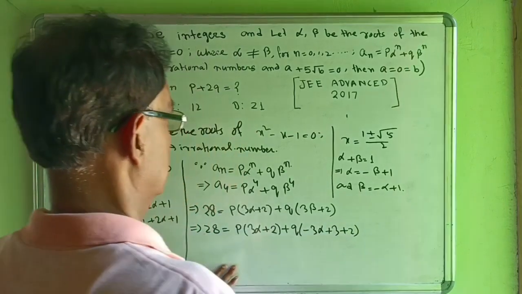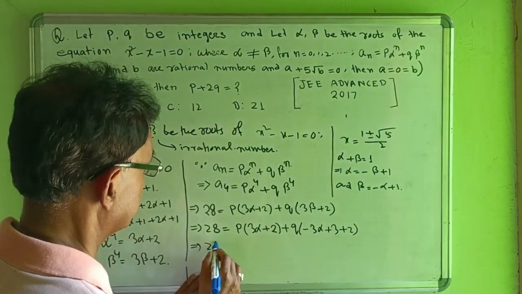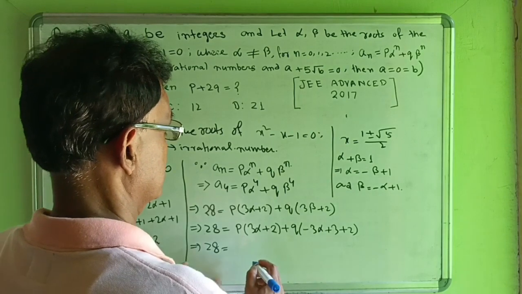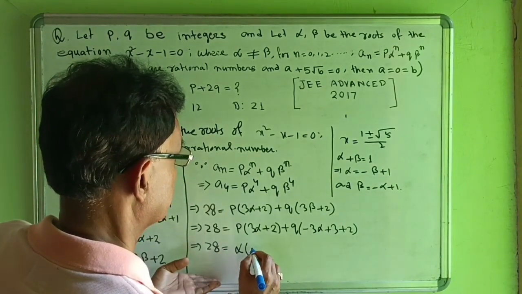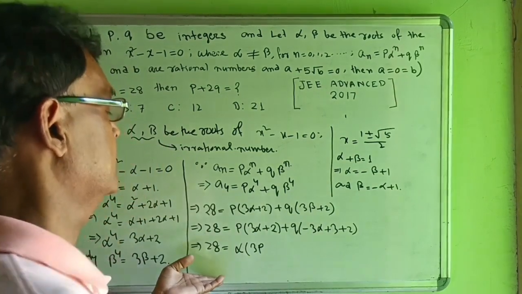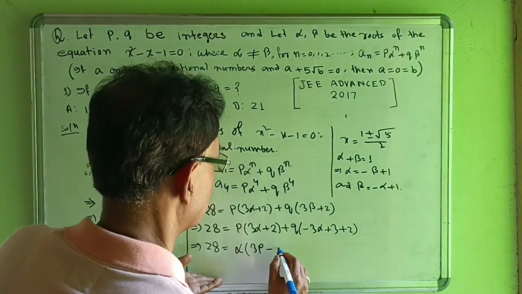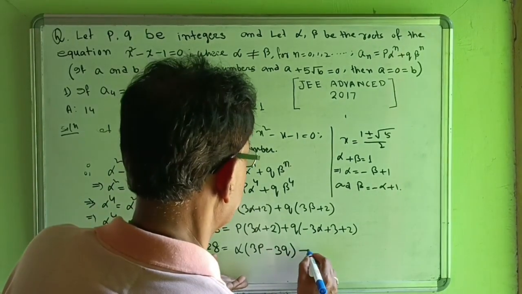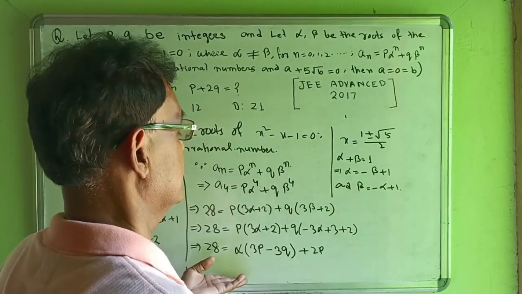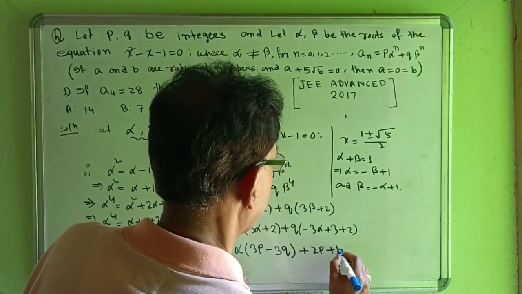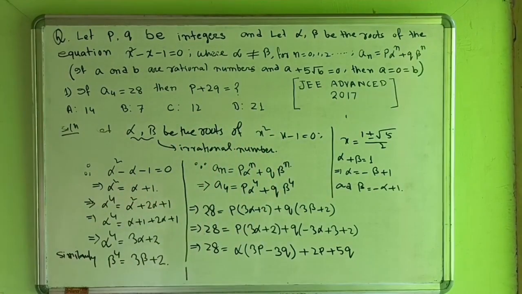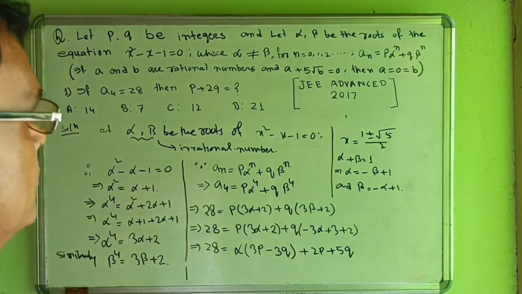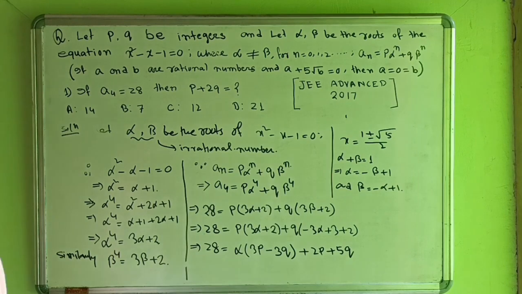Now if we take alpha common, then we get 88 equal to alpha times (thrice p minus thrice q) plus twice p plus 5q.